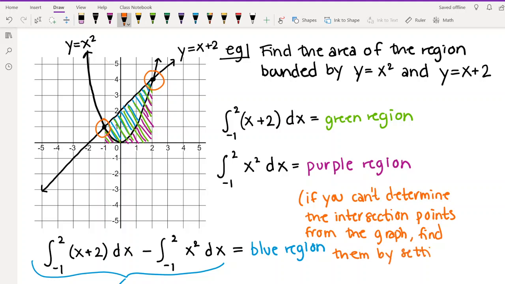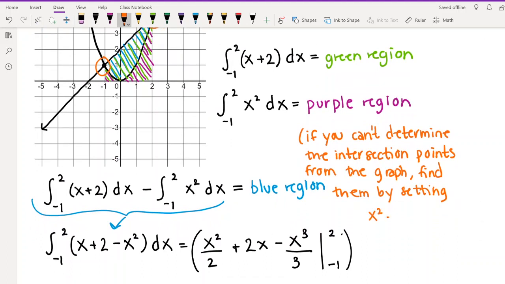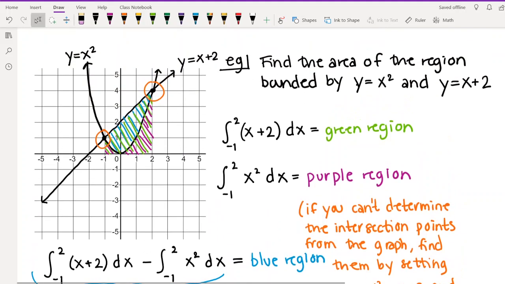And I'll just write that in this case. So in this case, you would be setting x squared equal to x plus 2 and solving that for x. So if you solve that through for x, you should see that the two solutions you get will be -1 and 2, which are exactly the points we saw in our graph.